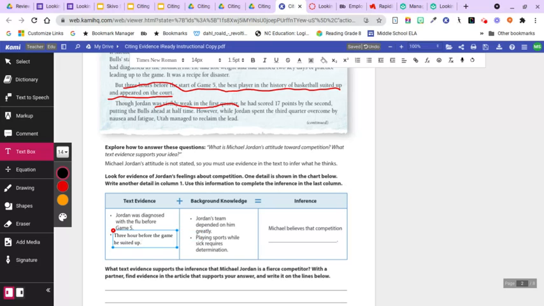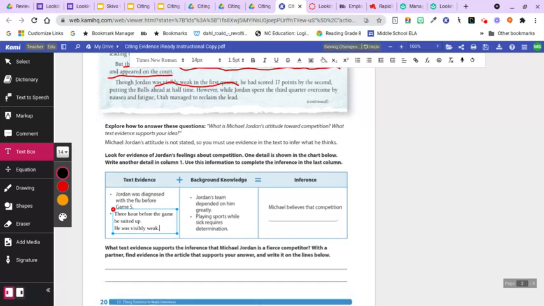We could also say he was visibly weak. But he was out there, right?